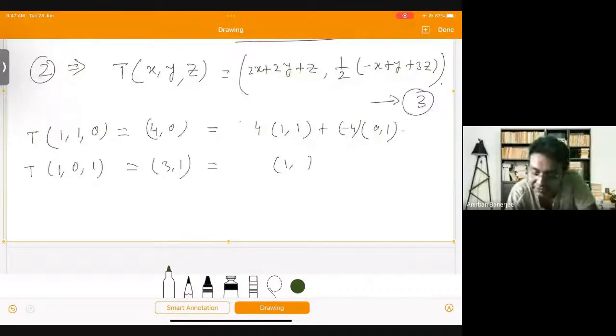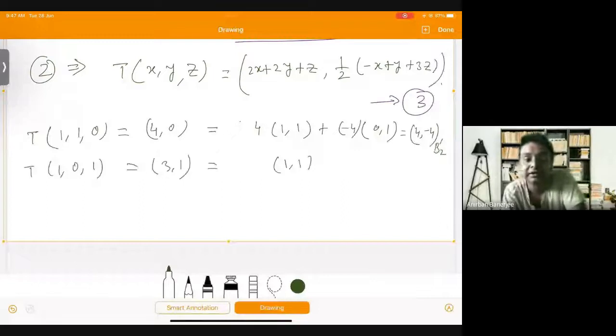Okay, so write down this is 4 comma minus 4 with respect to the basis B2 prime. So the second one also we have to write down as the linear combination of 1 comma 1 and 0 comma 1.